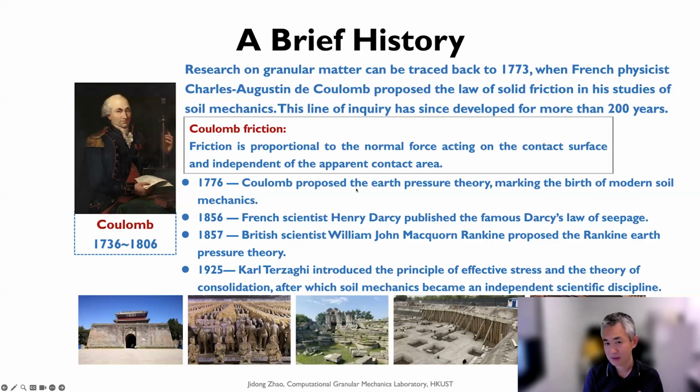This is the early form of the Coulomb theory. Also, Darcy proposed Darcy's law of seepage, and Rankine proposed Rankine's earth pressure theory, which is a further enhancement of the Coulomb earth pressure theory.